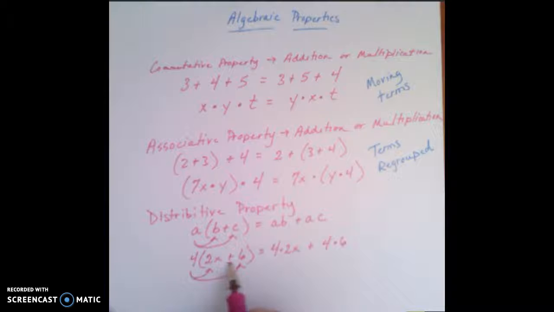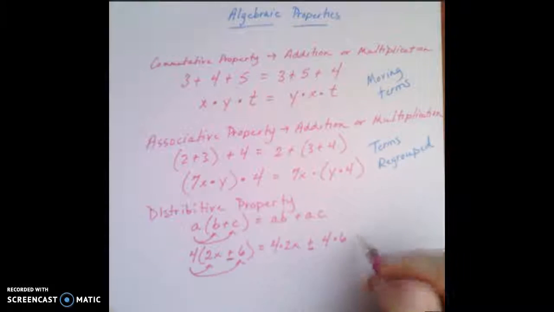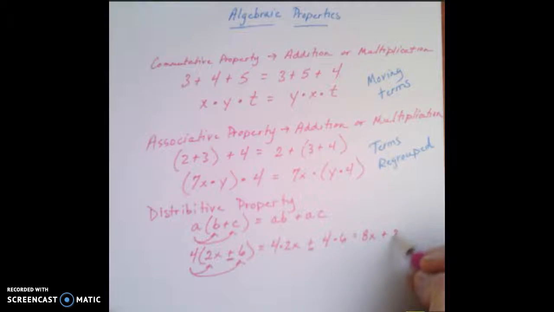Now notice the operation that is inside the parentheses is the same operation that we put between the two new terms when we distribute. Now we're not done yet. We need to simplify this, and what we get is 4 times 2x, which is 8x, plus, and then 4 times 6 is 24.